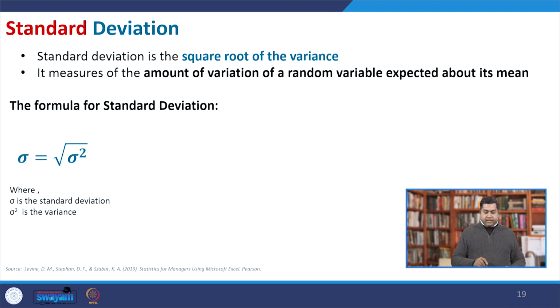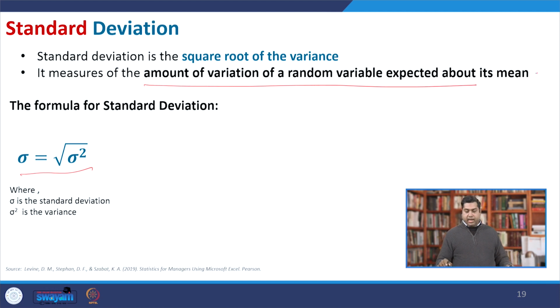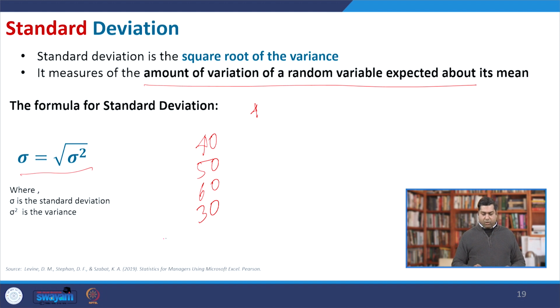And standard deviation in this particular case is nothing but the square root of the variance, the measure of the amount of variation of a random variable expected about its mean, that is, how it is varying. For example, say I am just giving some numbers abruptly: 40, 50, 60, 30. If you add all of them, how much will it be? I just make a calculation here. It is 180.